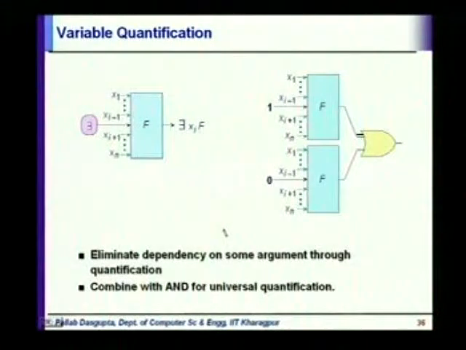So, if there is a don't care variable in your function, then it does not matter whether you assign it 1 or 0, right. So, you can eliminate that, and eliminating variables can reduce the size of your verification problem, right. So, that is why quantification is a very important requirement.